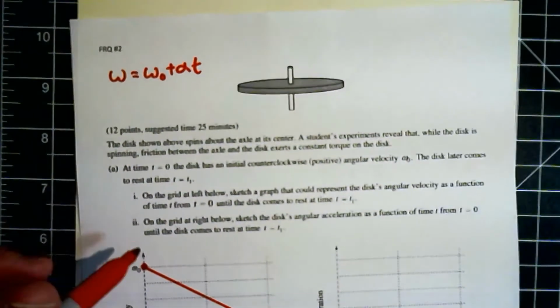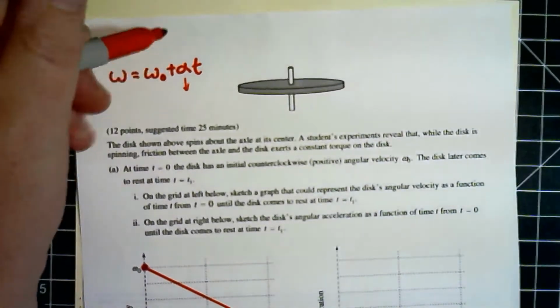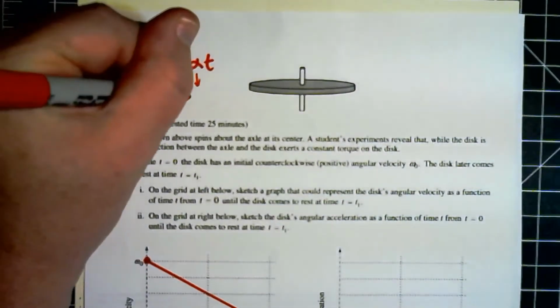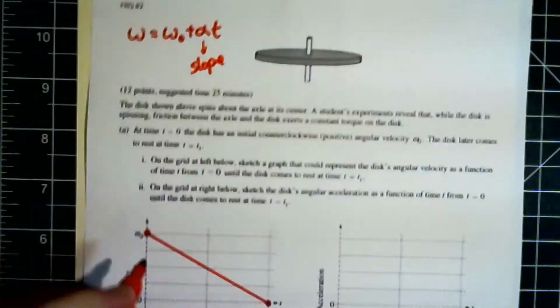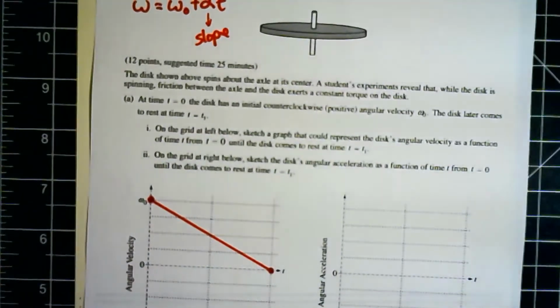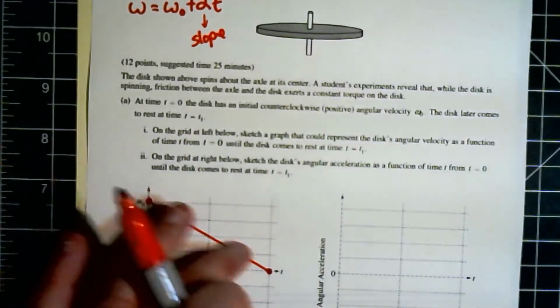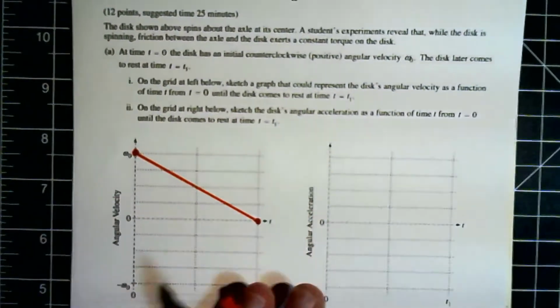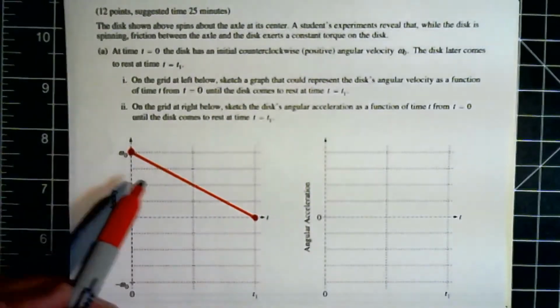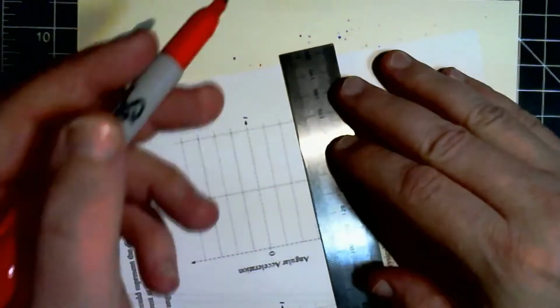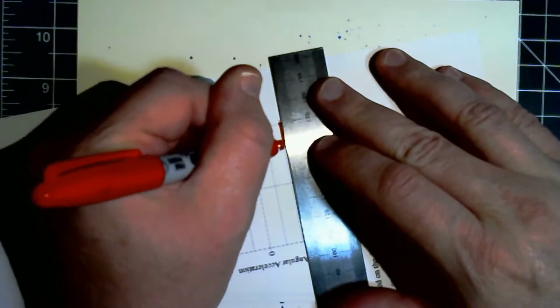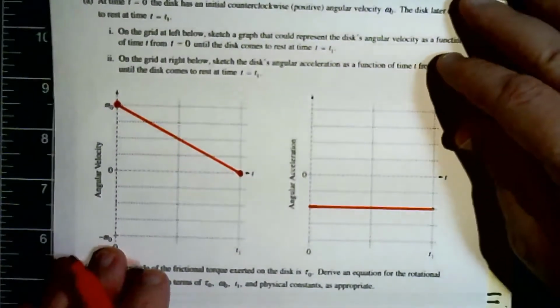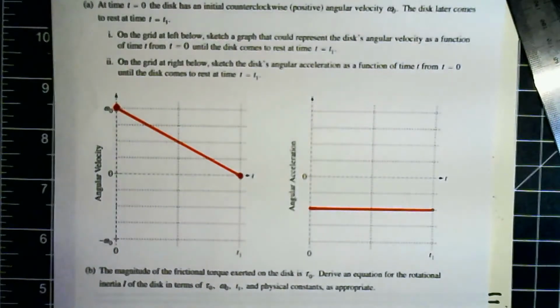Another thing to recognize is that this alpha, the angular acceleration term, would be the slope of that line right here. And if this is a negative slope, then in the second question, when it says to sketch the angular acceleration, I don't know exactly numerically what that is, but I do know that angular acceleration has to be constant, which means it's a horizontal line, and it has to be negative. That would be representative of the acceleration.